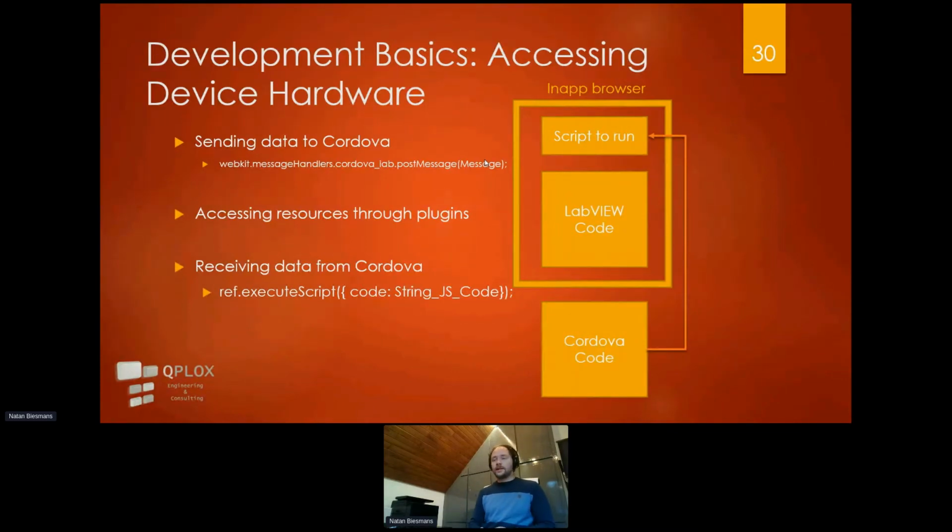In this case, Cordova allows you to execute JavaScript code within your in-app browser, within the execution space of LabVIEW, which, for example, allows you to create new variables, which afterwards you can read out within LabVIEW itself. Like I said, I'm going through this really quickly.